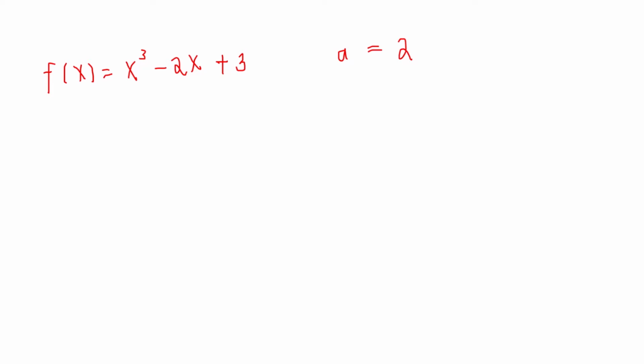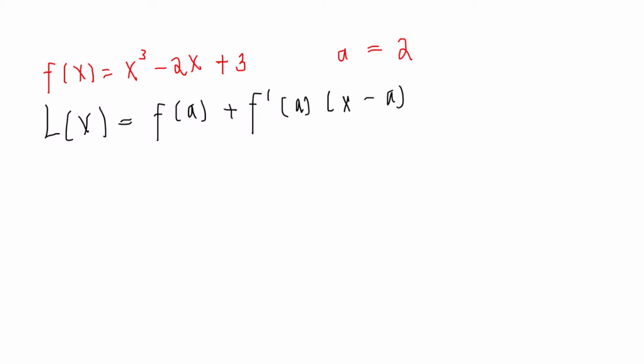So we have to use the formula that we have just learned in the previous example, that the linearization of a function can be obtained through f of a plus f prime of a multiplied by x minus a.